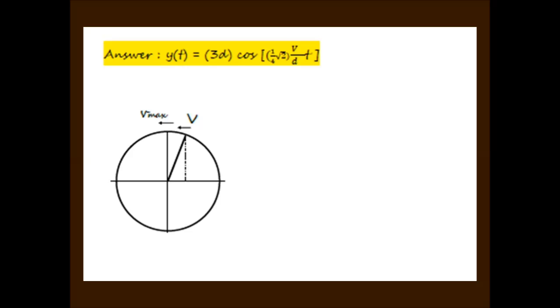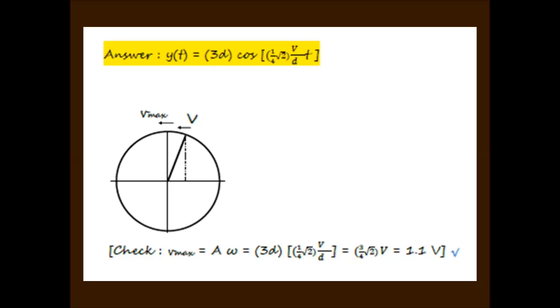There are several ways to check the magnitude of our solution. Here's one of them. When we refer to the auxiliary circle, we see that when it is at a position of 1/3 of its amplitude, its velocity v is close to, but not quite equal to, its maximum velocity Vmax.